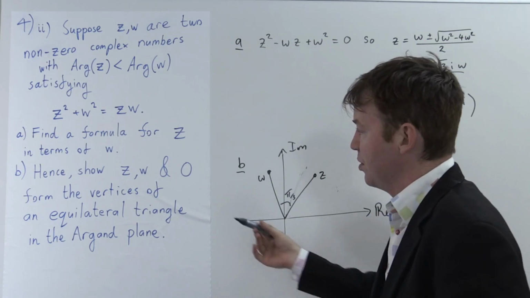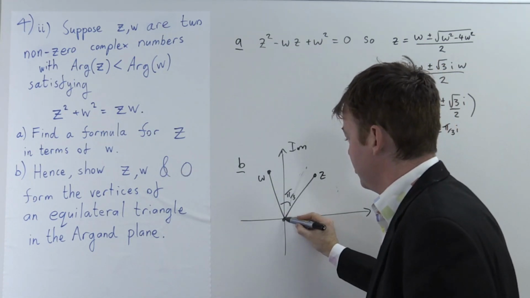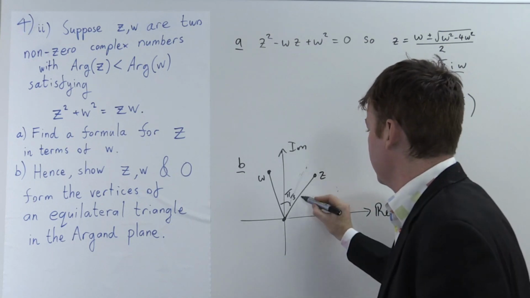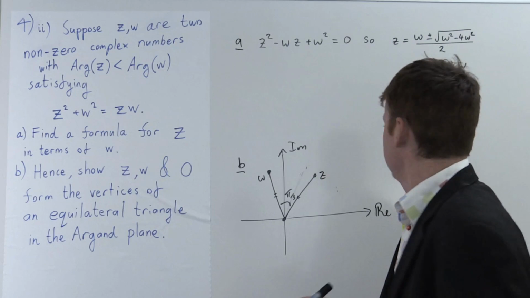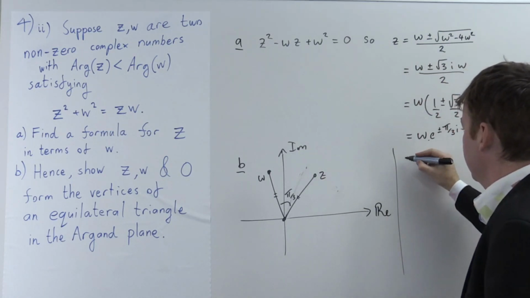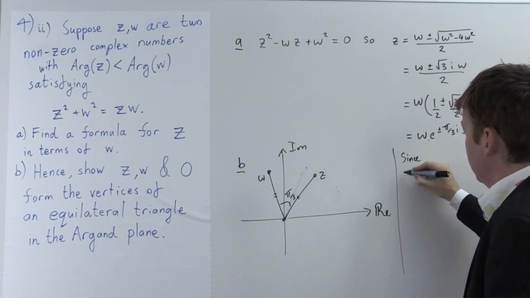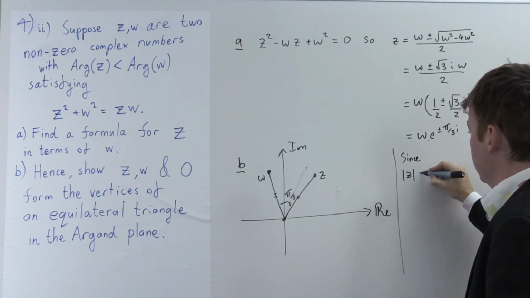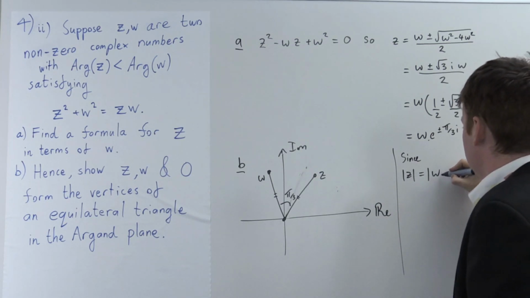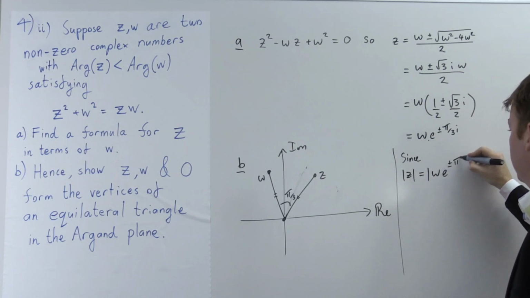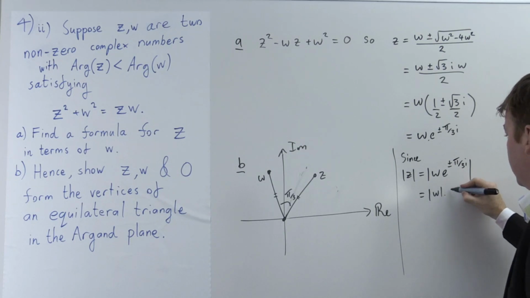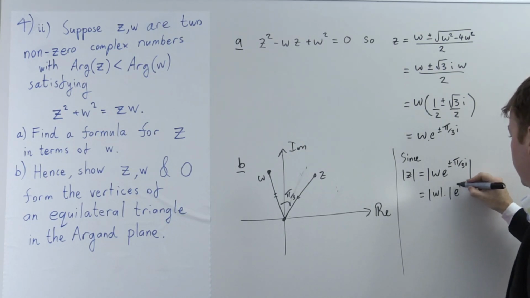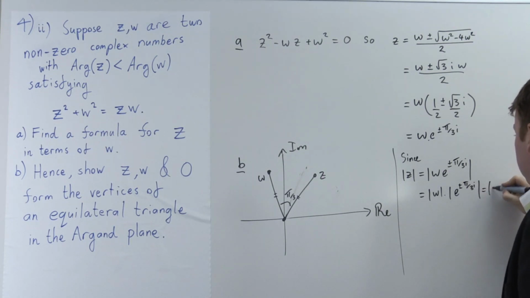There's lots of ways you can show that z, w and the origin form an equilateral triangle. You could say that this length is the same as this length, and the angle between them is pi on 3, which is probably the fastest and therefore best way to go about it, since mod z is equal to mod w times mod e to the plus or minus pi on 3i, which is equal to the length of w.